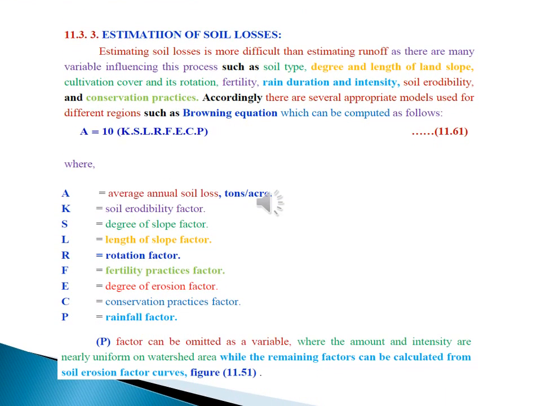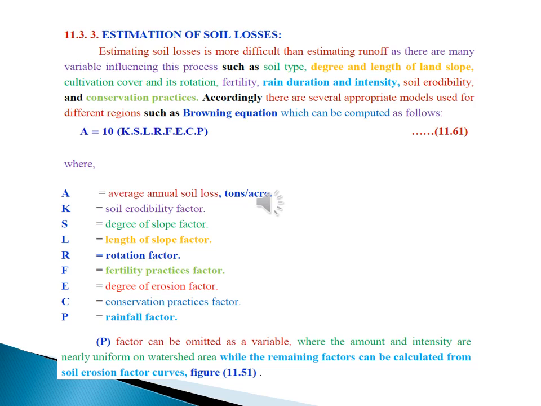Estimation of soil losses. Estimating soil losses is more difficult than estimating runoff, as there are many variables influencing this process, such as soil type, degree and length of land slope, cultivation cover and its rotation, fertility, rain duration and its intensity, soil erodibility, and conversion fraction.